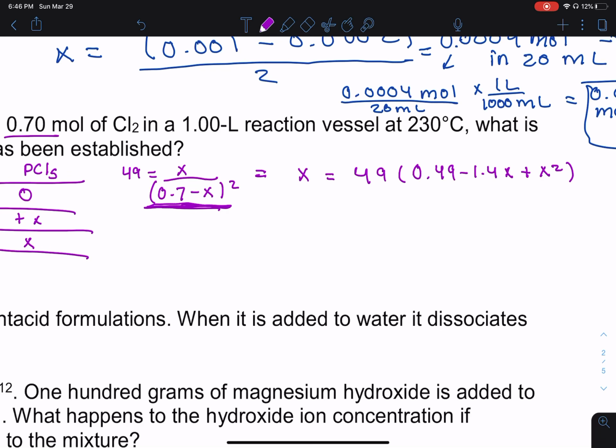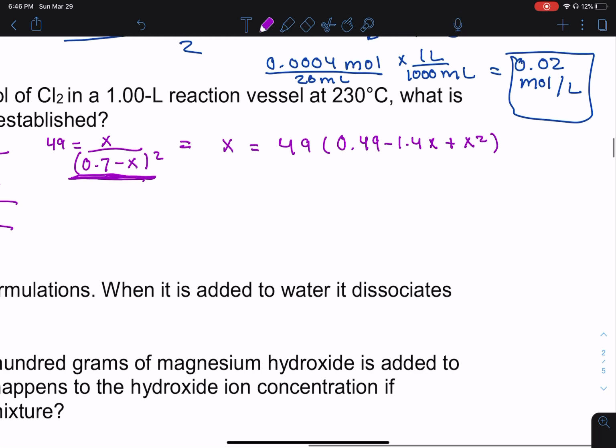And to make this equal to 0, we'll have to do 49x squared minus 69.6x plus 24.01 is equal to 0.